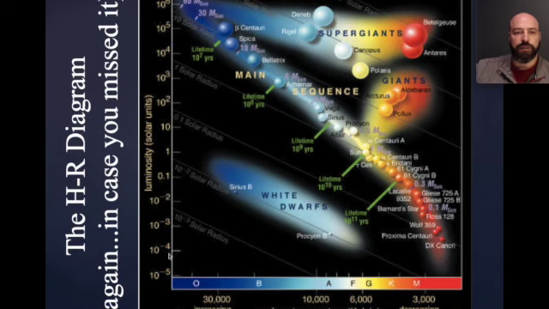And down here, as we're going, 0.1, 0.01, and so forth. So that is our sun. One thing I like about this is it has specific names of stars: Betelgeuse, Antares, Rigel, Arcturus, Sirius. So they have a number of different things along here, along the main sequence as well.